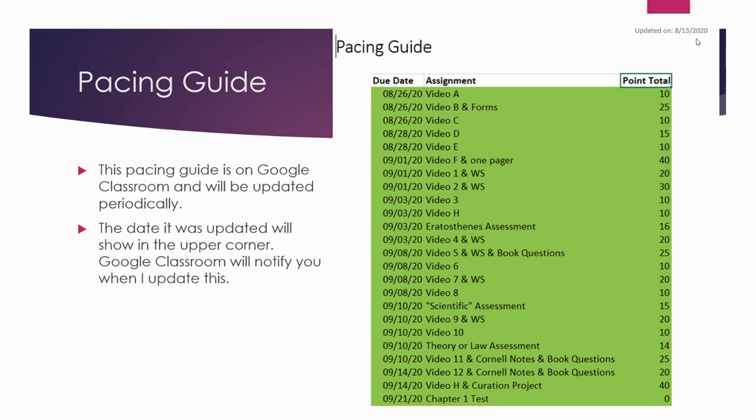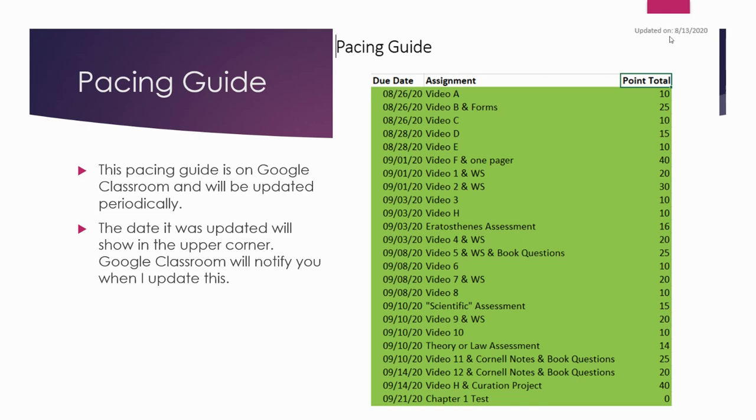This was updated on August 13th, and as I need to periodically update it, I might have to shift some due dates. I'll end up adding stuff as we get ready to go into Chapter 2. I will update this document and set it up so that Google Classroom will notify you when I do updates to it.